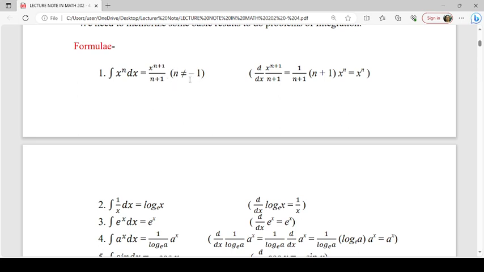So for n not equal to minus 1, we have this formula. If you take the derivative of x to the power n plus 1 by n plus 1, it will be 1 by n plus 1, then n plus 1 times x to the power n, this will cancel, and it is x to the power n.